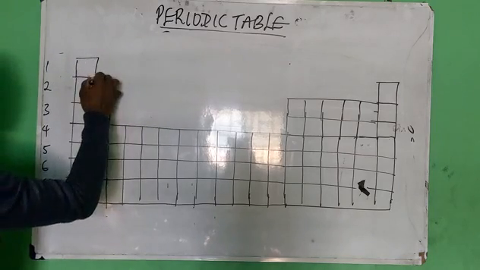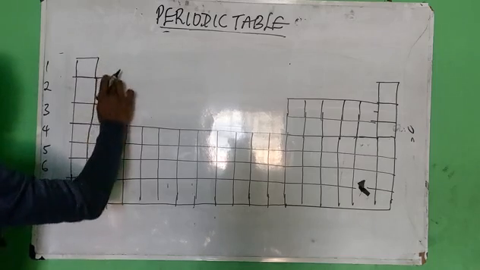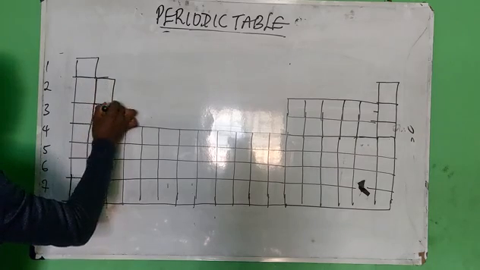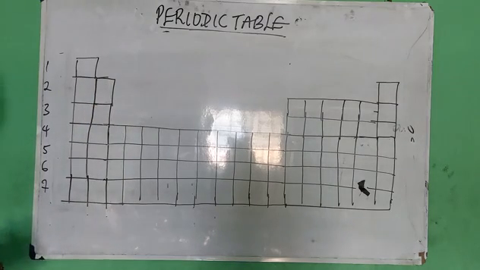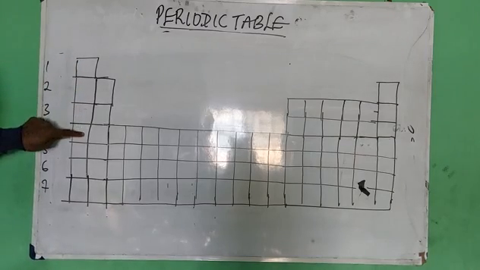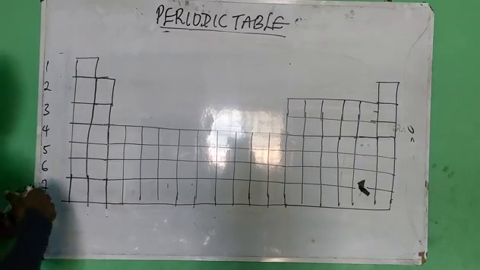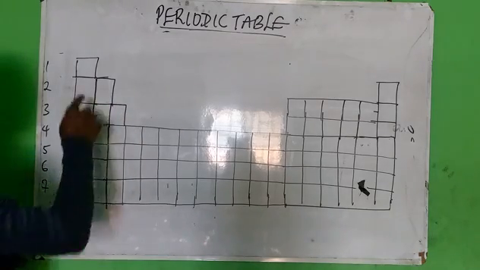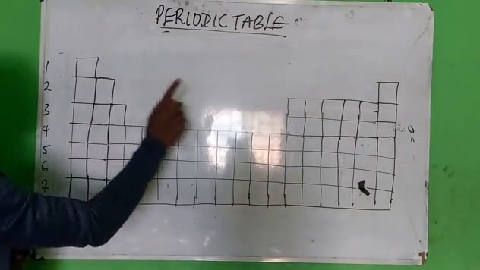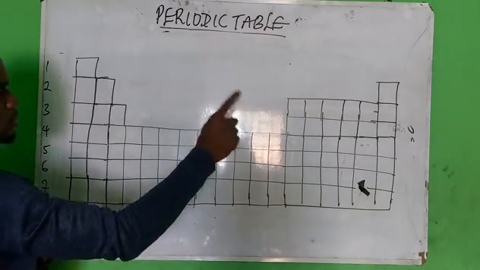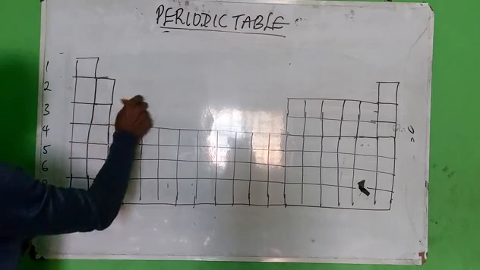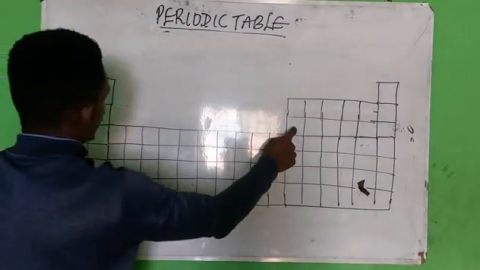Hydrogen, helium, lithium, beryllium, boron, carbon, nitrogen, oxygen, fluorine, sodium, magnesium, aluminum.